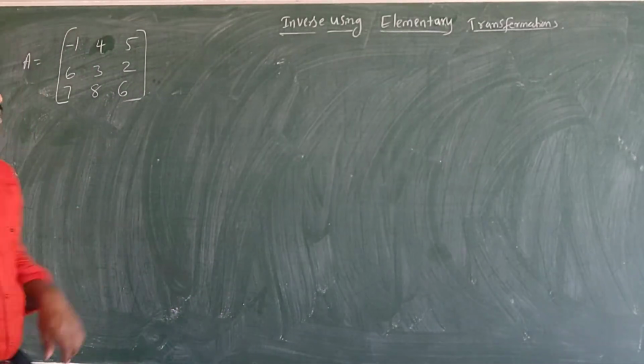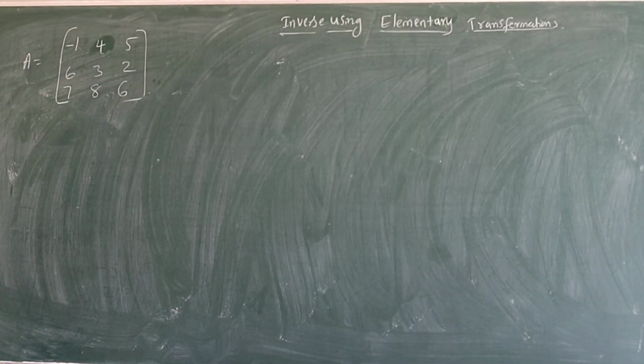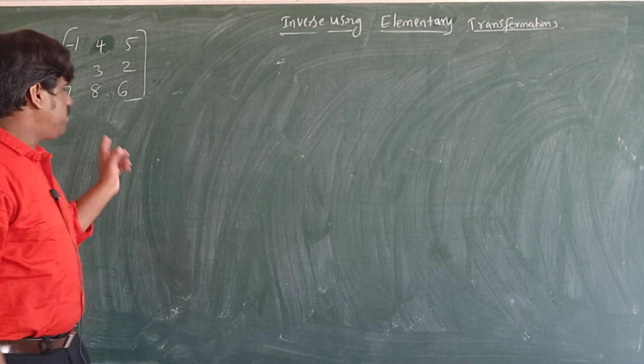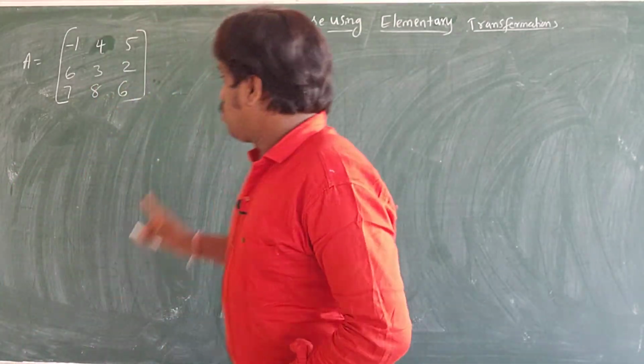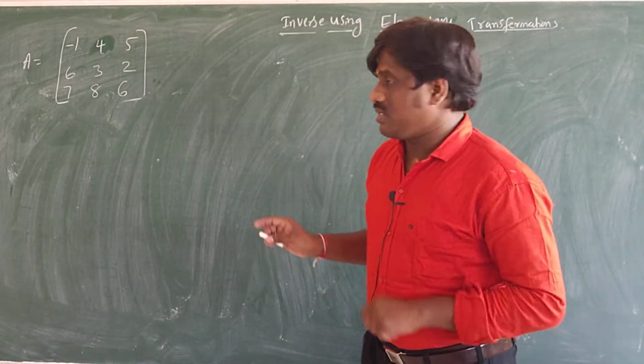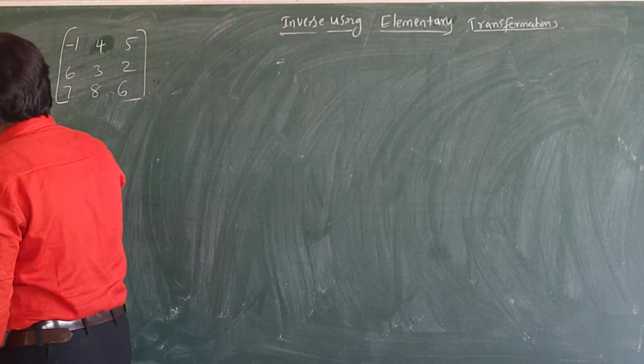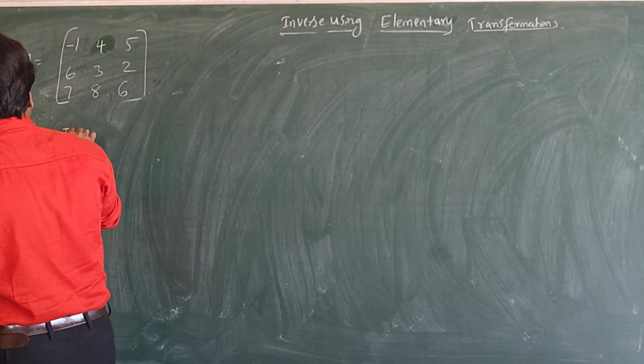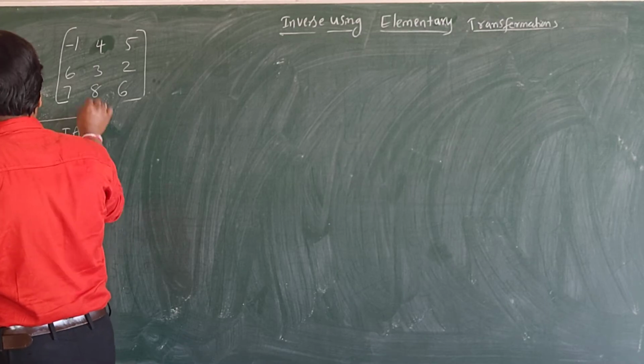Inverse of a matrix using the elementary transformation. So what I told you, this is the matrix you have chosen: minus 1, 4, 5, 6, 3, 2, 7, 8, 6. My target is, first, we have to write A is equal to I into A. This is the first thing.